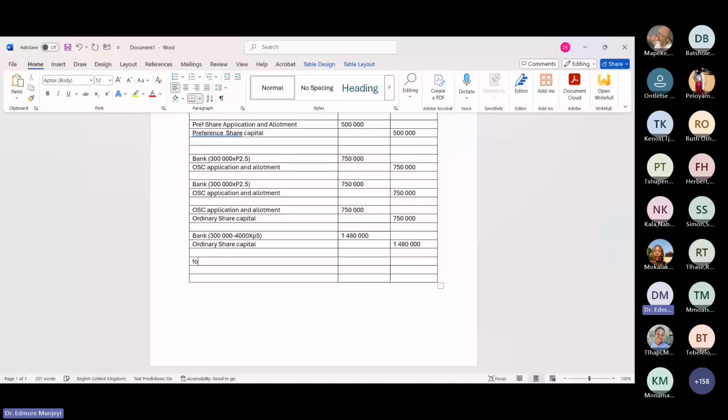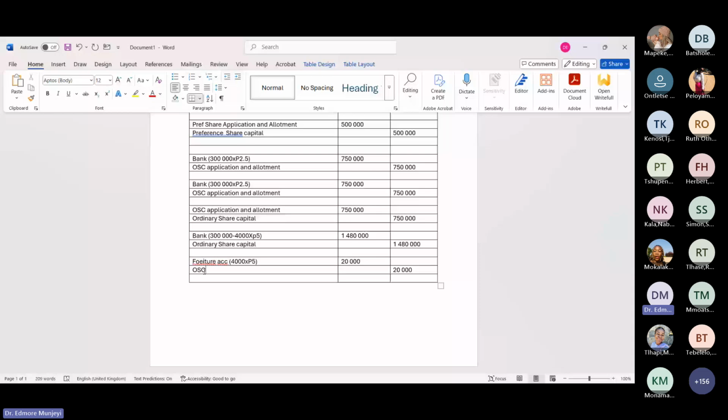We're expecting to get this times 5, but we didn't, so we forfeit. Now 4,000 times 5 gives us 20,000. So we debit forfeiture account and credit ordinary share capital.